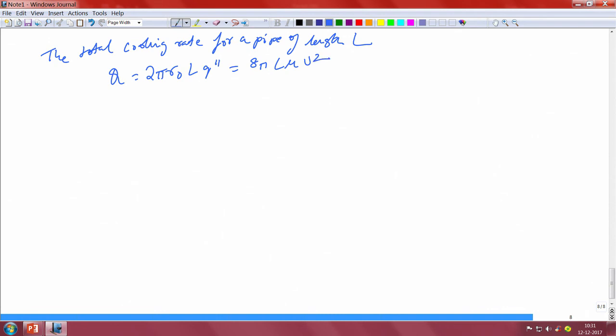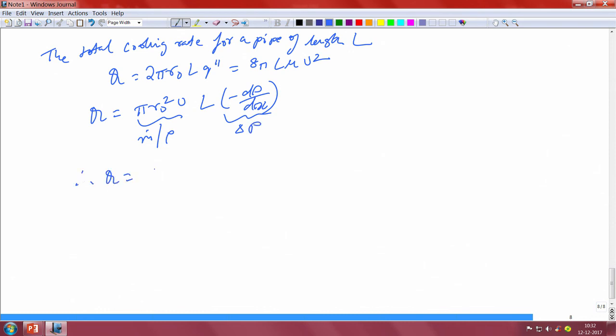This can be written further as pi r naught square into U, which is basically m dot by rho, and then L times minus dp by dx, which is basically equal to delta p, the pressure drop. So, in conclusion, we can write Q is equal to m dot into delta p by rho. So, this is the total cooling rate.